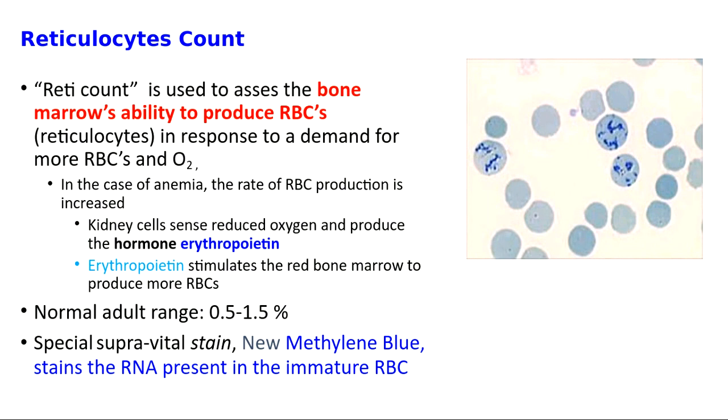This is to see whether the hormone erythropoietin is doing its job of telling the bone marrow to make more red blood cells. It shows the bone marrow's ability to produce red blood cells.